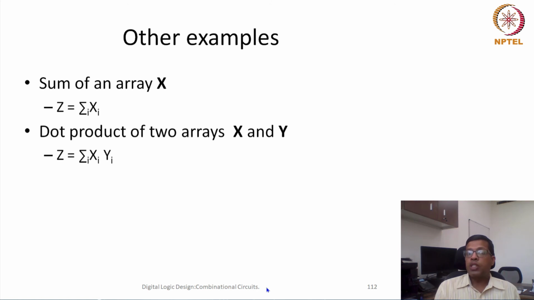Okay, sometimes we see that these techniques of iterative design may not be very effective. For example, we have seen that the ripple carry adder is slow because we are iterating through all these stages and the carry is rippling through all of them before we get the output. Other designs like the carry look ahead adder or carry skip adder are more efficient.